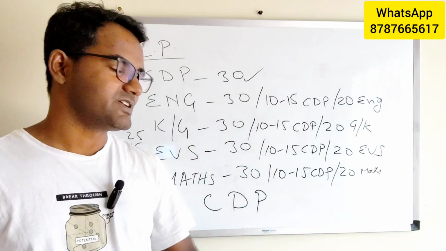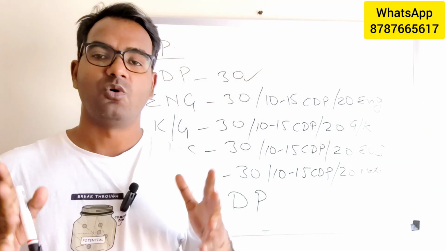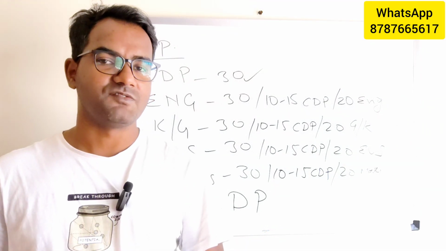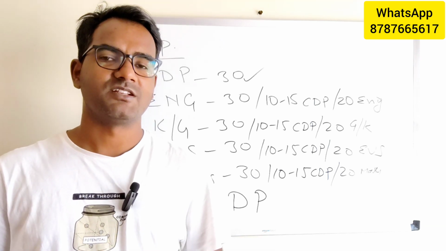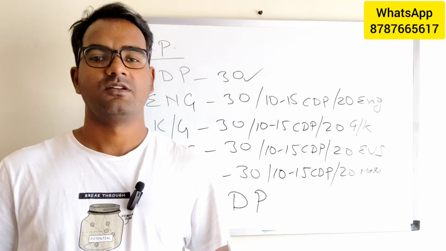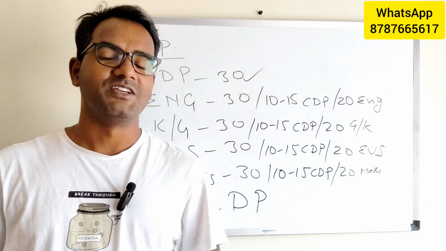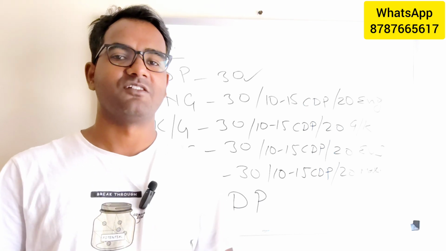So this was the secret of the MTET question paper I wanted to share. That is, in all the subjects there are 10 to 15 marks dedicated to only the CDP portion, and the subject content marks are around 15 to 20 marks only. So if your CDP is strong, nobody can stop you from passing the examination, and nobody can stop you from getting a government job.